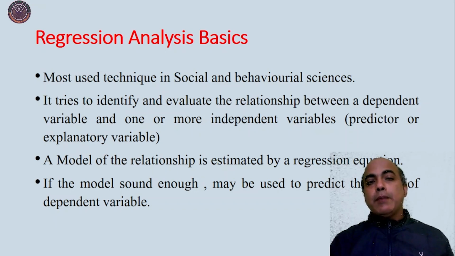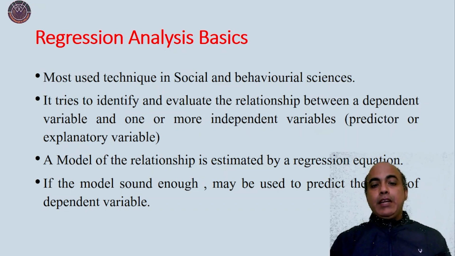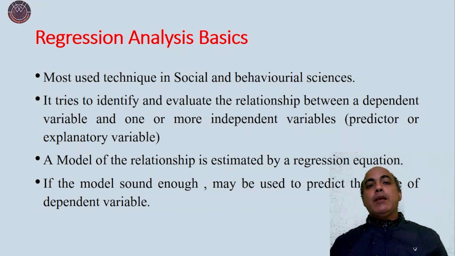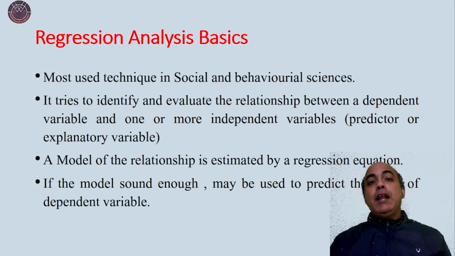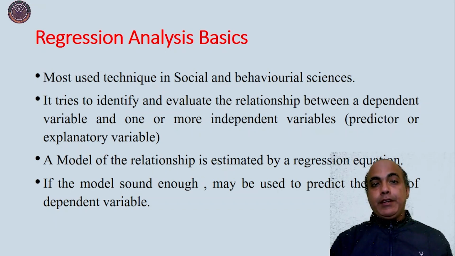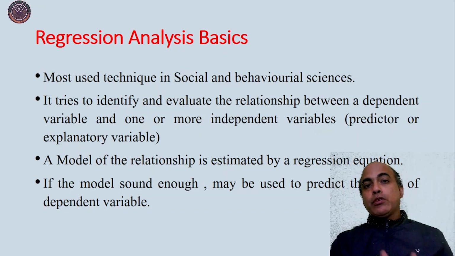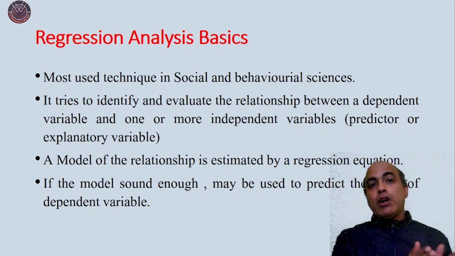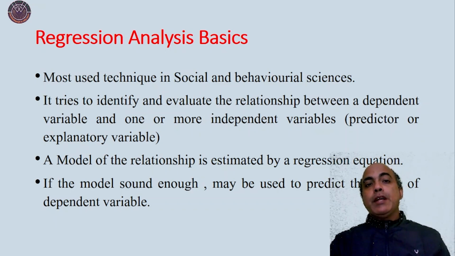So if our model is sound enough, if you have correctly identified that model, if you have got the line of best fit, then you will be able to predict the value of the dependent variable with very little error, and our predicted value will be the closest possible value to the observed actual outcome. So we should try to get a model which is capable of predicting the dependent variable with minimum error.